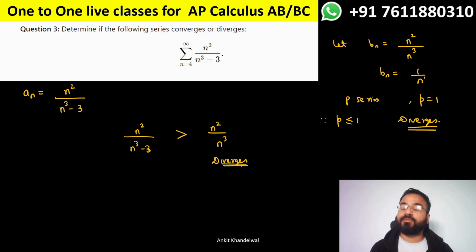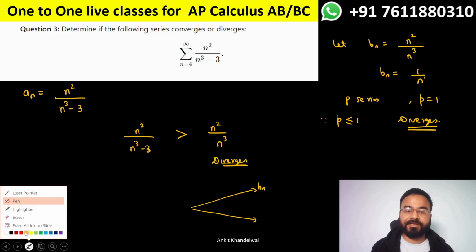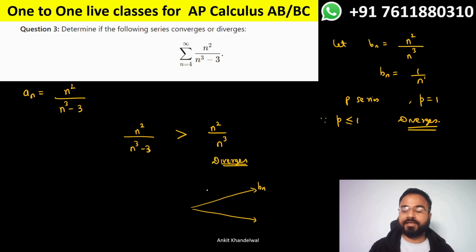So let's draw the diagram like this. This is the diverging nature for bn, and an is greater than that. If the smaller one is diverging, the only possibility for an is to diverge.